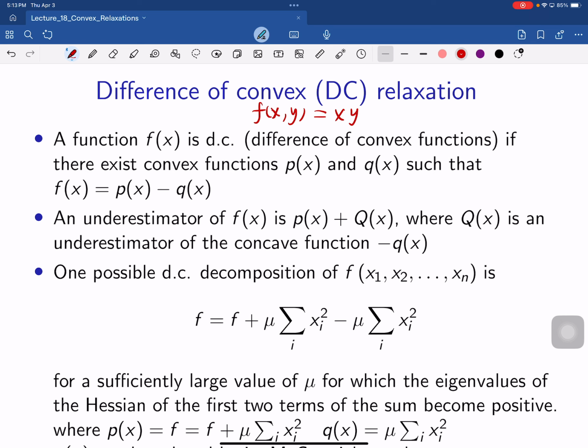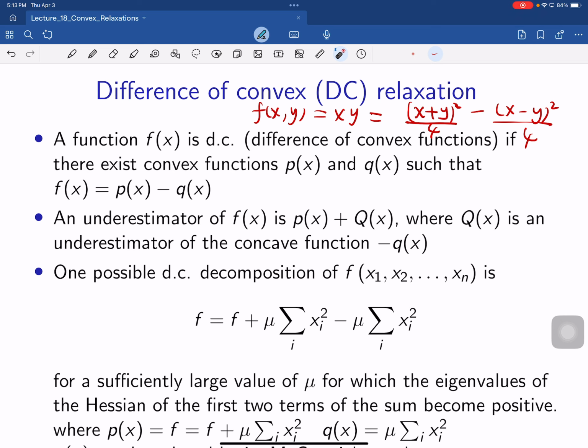Any tricks we can do here? Yeah, you could represent this as (x plus y) squared minus (x minus y) squared. Maybe you should divide by 4. These two functions are convex functions, and if you take the difference of them, you can get this non-convex function. So that is the high-level idea.